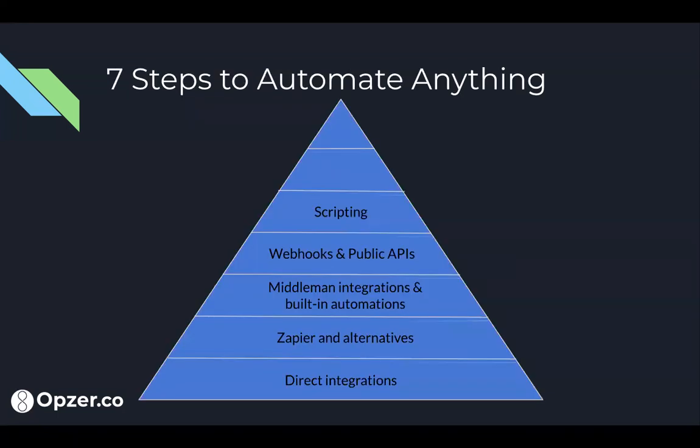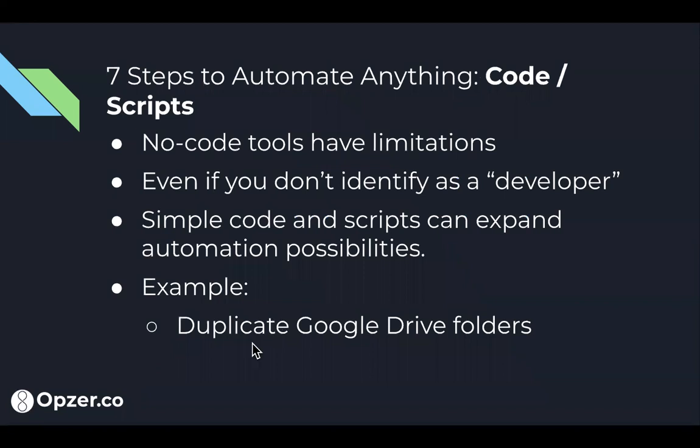Let's talk about scripting. This is where you would use code of some kind, JavaScript, Python, or other programming languages, to expand on what the automation is capable of. Because, of course, no-code tools have limitations.